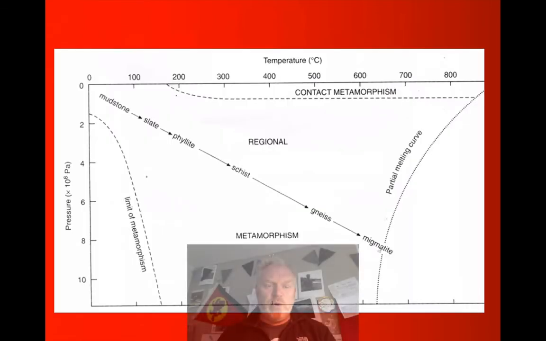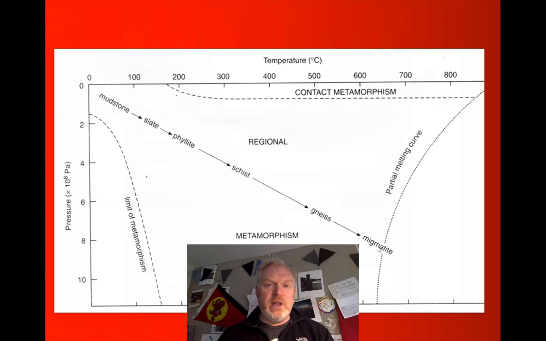We can tie that in with this graph that we're familiar with. You'll have seen this graph already in the course, where we have these different areas on this temperature pressure graph that show us where these different processes occur. Can you remember what these conditions are, where we find the different types of rock?